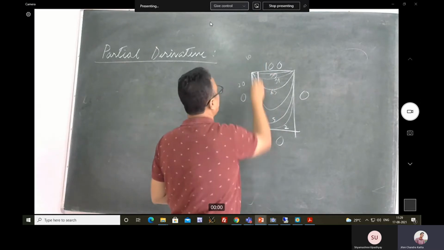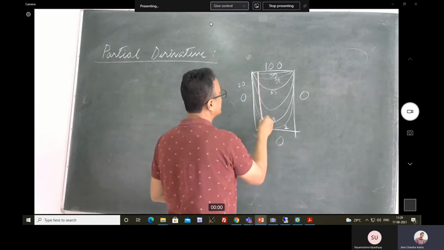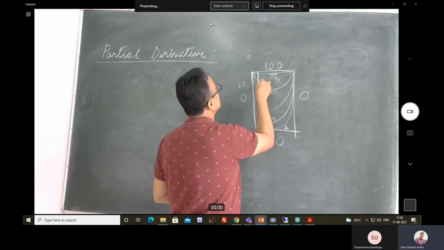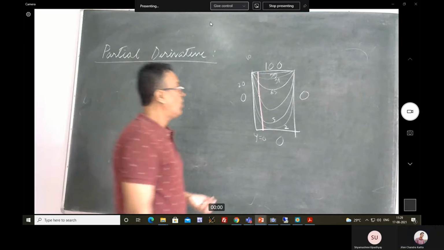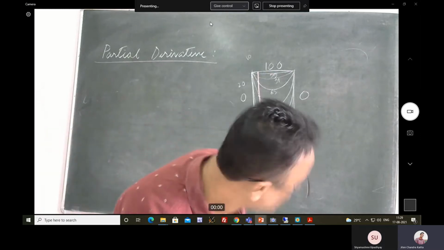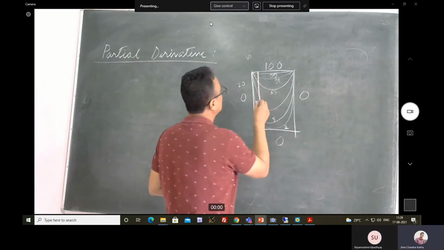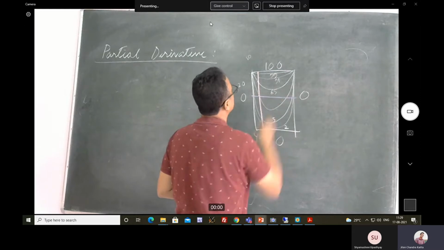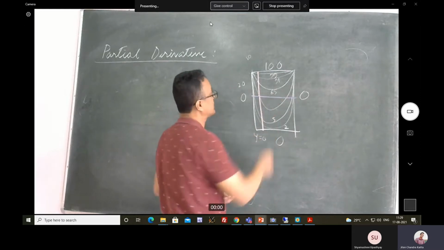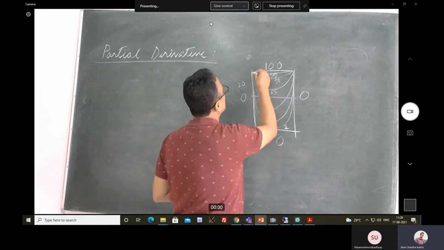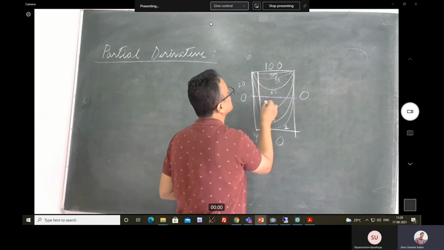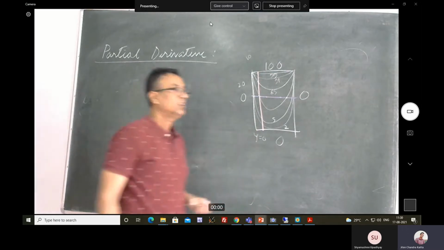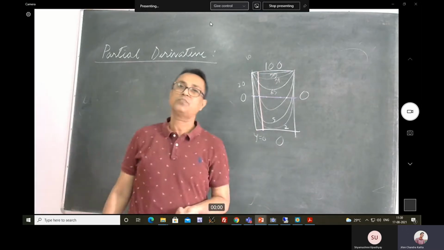If we go along this height, definitely I will see the change of temperature here. On the other hand, here I may consider the rate of change along this direction. Here also you are going to have some change in temperature from 0 here, and there will be something here and here. So in both directions we can consider rate of change.